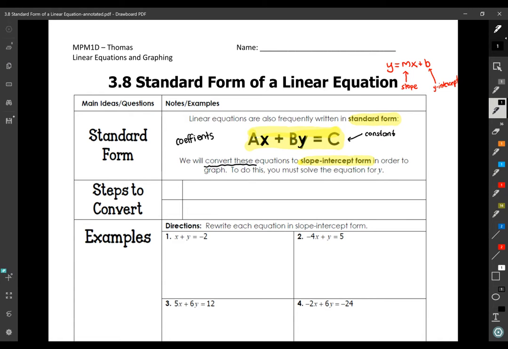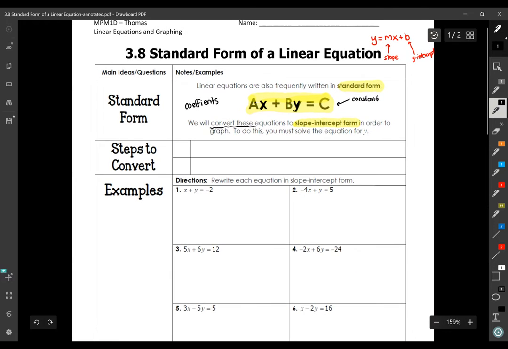So what we're going to be doing is taking equations that are written in standard form, such as this, and converting or rearranging them into slope-intercept form, because slope-intercept form is the most convenient and the most useful way that we can express an equation.